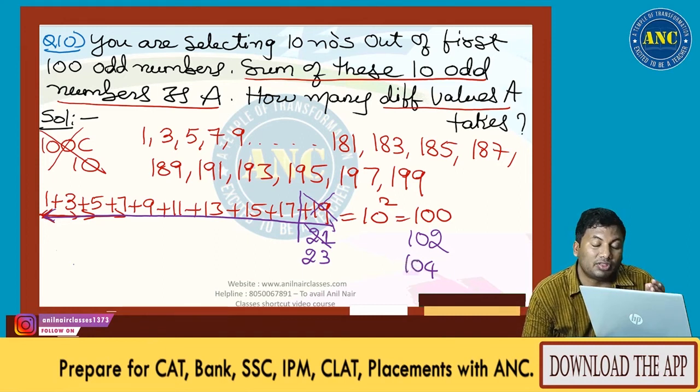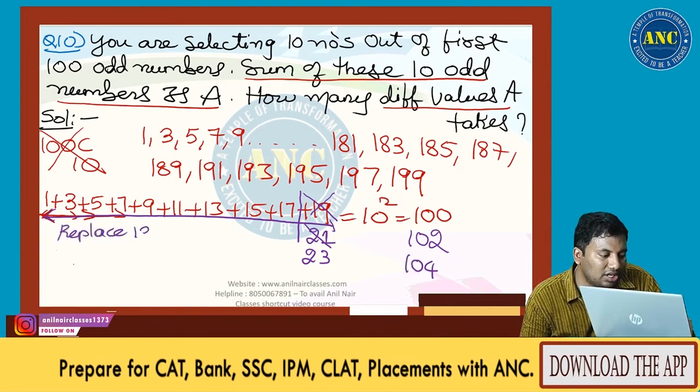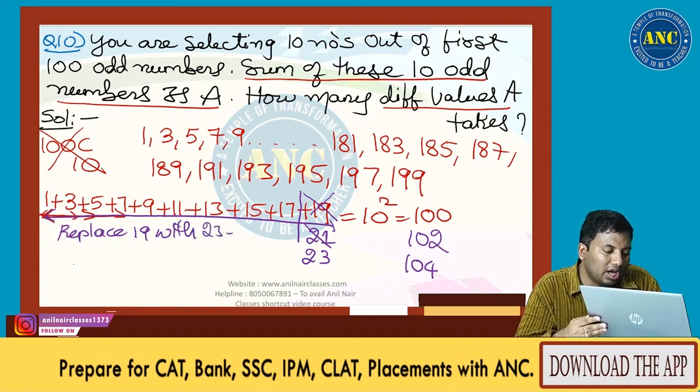Like that, the sum 102 can also come from another possibility of replacing 17 with some other number. Yes or no? For example, if I replace 19 with 23, I got the sum 104.